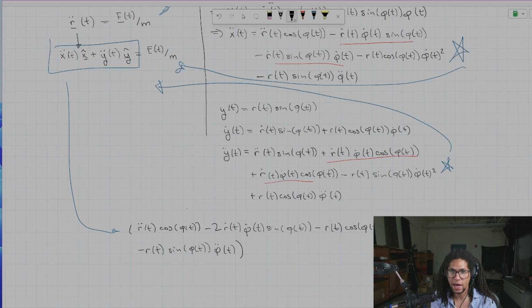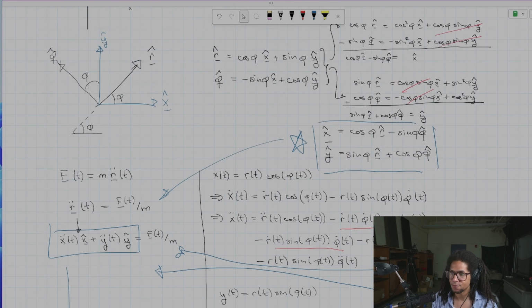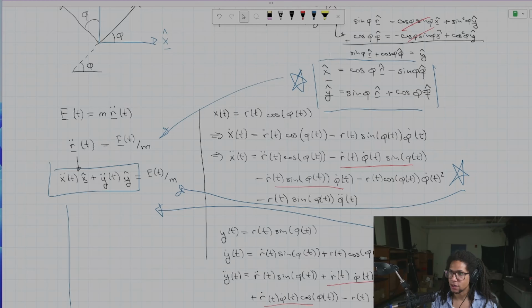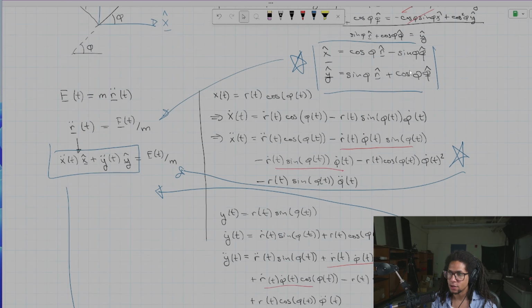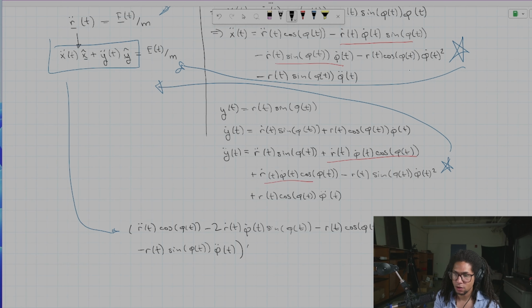Okay, now I close that. Now I need to multiply by x hat. And x hat is right here, except that now that I have everything dependent on time, I'll need to include that time dependence. Okay, so let's do it. Cos phi of t r hat.